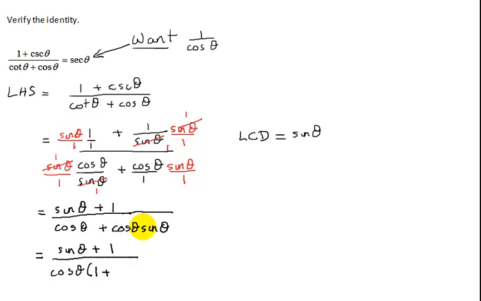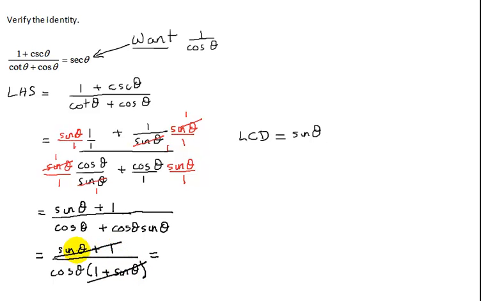Plus, if I factor cosine theta out of this term, it's just going to leave me with sine theta. Now, does this expression equal this expression? Yes, 1 plus sine theta is a factor of the denominator, so I can reduce it with the sine theta plus 1 in the numerator. Because remember, 1 plus sine theta is equal to sine theta plus 1.